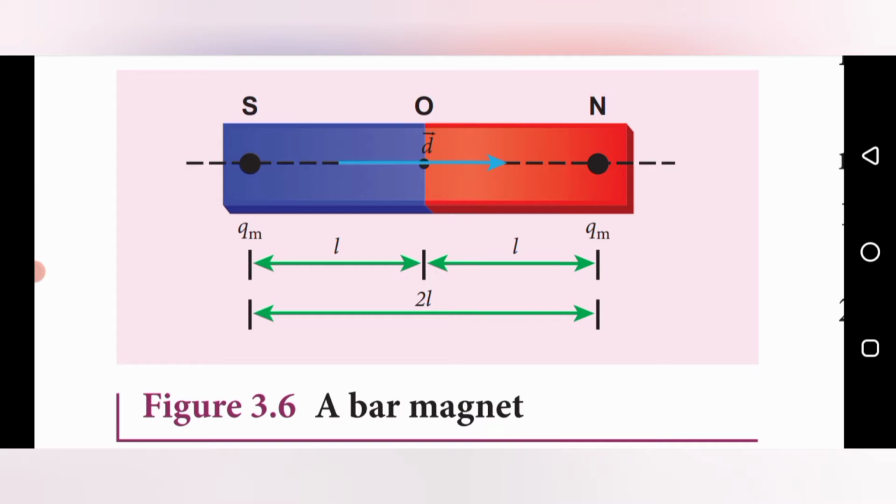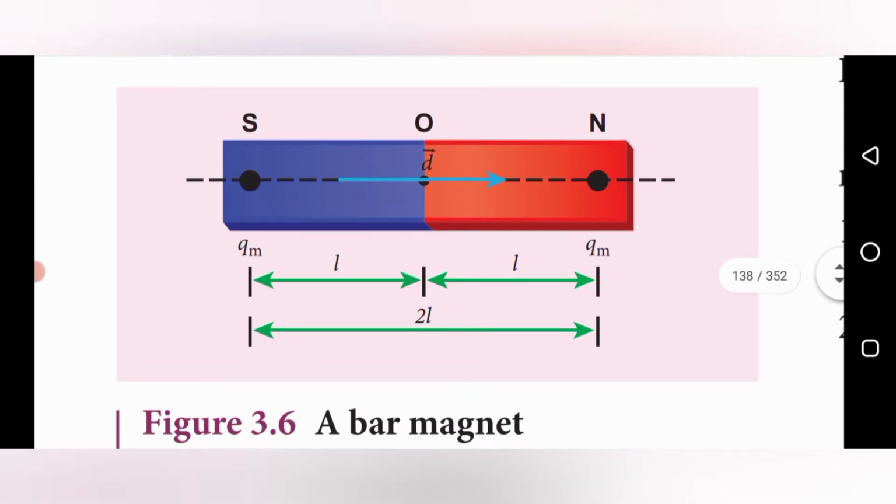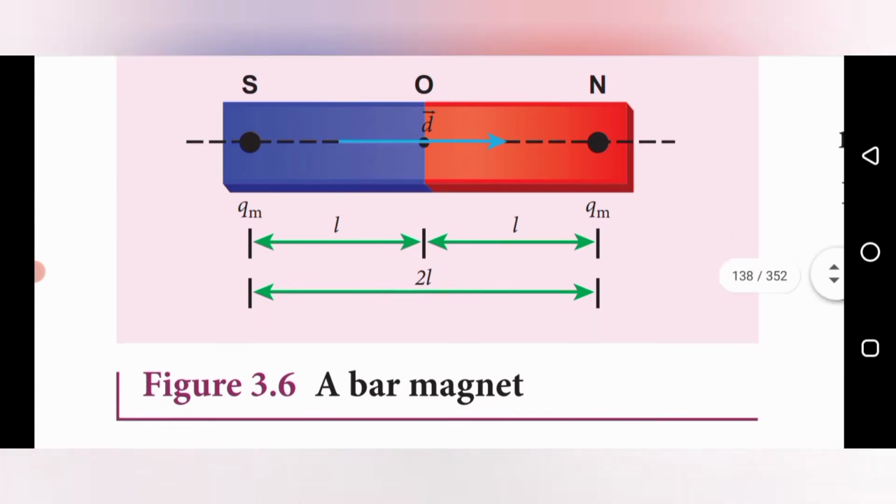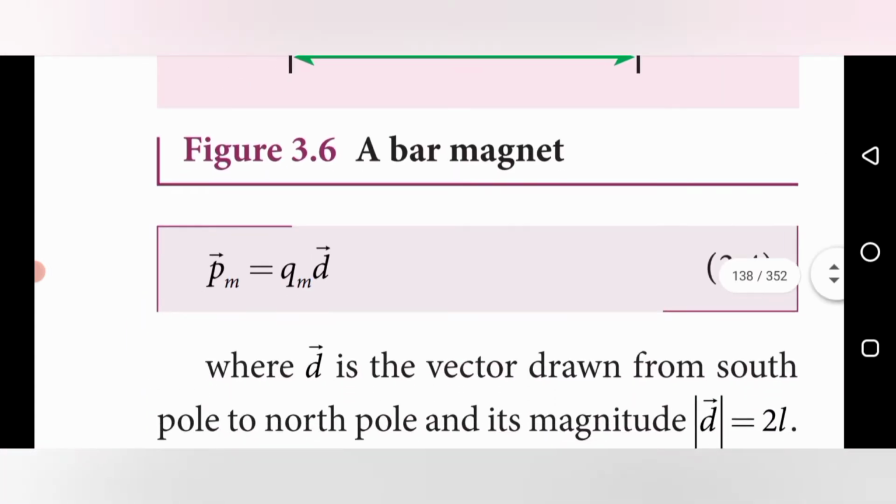Remember that the magnetic dipole moment is defined as the product of its pole strength and magnetic length. We already studied the dipole P is equal to the charge into the total distance. Here also the dipole is denoted as the letter PM, with suffix M for magnetic moment.